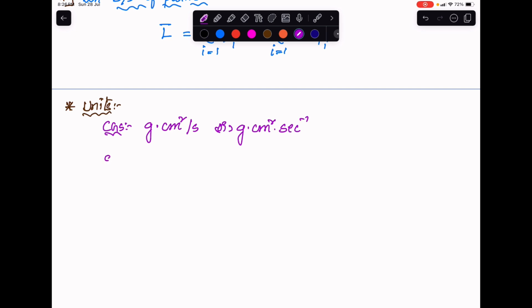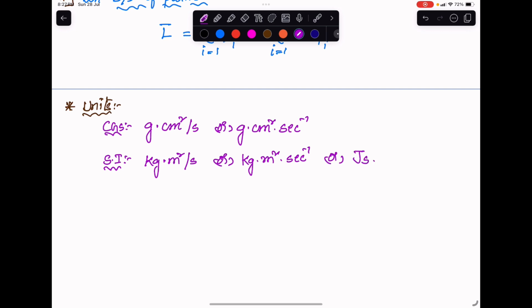In the SI system, it is kilogram meter square per second, or kilogram meter square second inverse, and this is also called joule second.